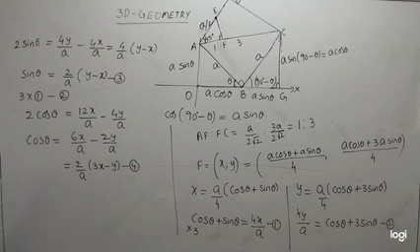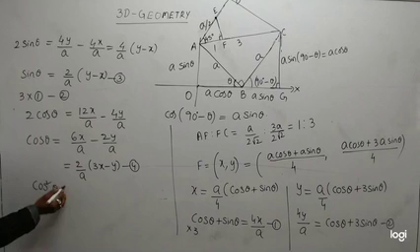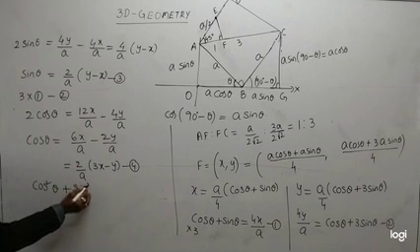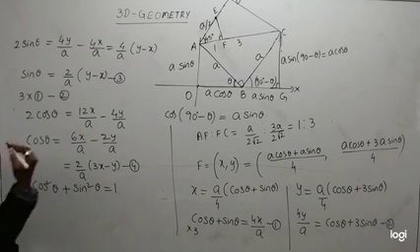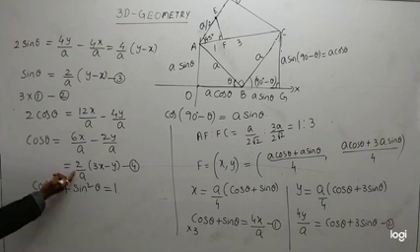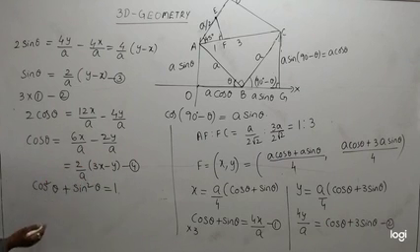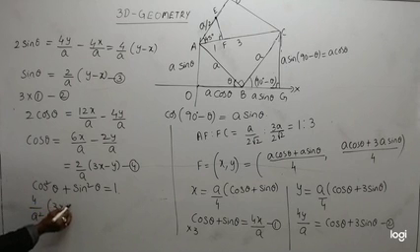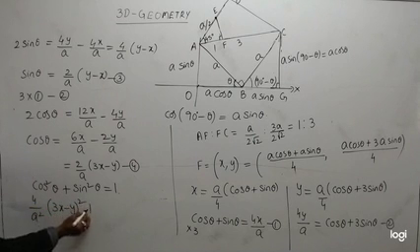Now eliminating theta from 3 and 4 to get the locus. So how can we eliminate? What is the relation between cos theta and sin theta? What is the identity related to cos theta and sin theta? Cos square theta plus sin square theta is equal to 1. So what is the cos square theta value? This quantity square, what you'll get? 2 by a whole square is 4 by a square into 3x minus y whole square, plus sin square theta.